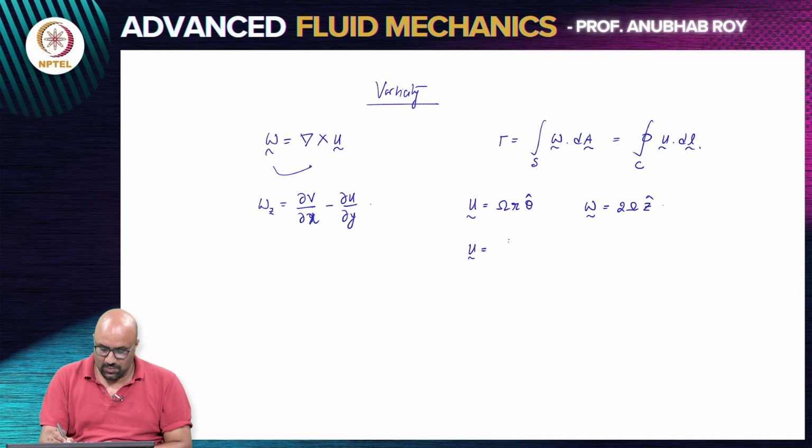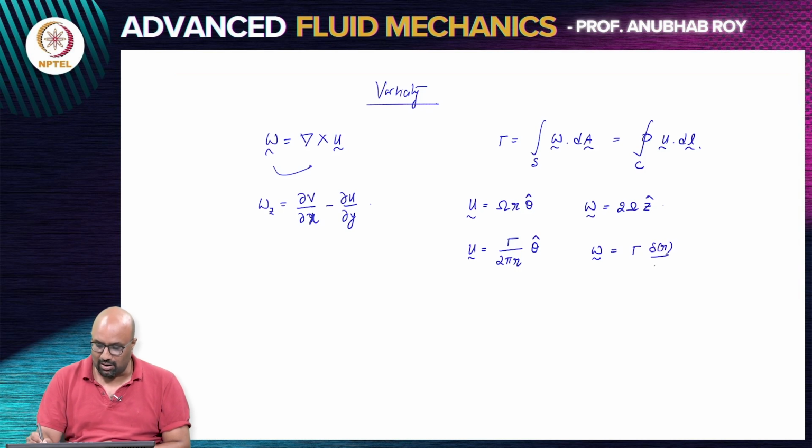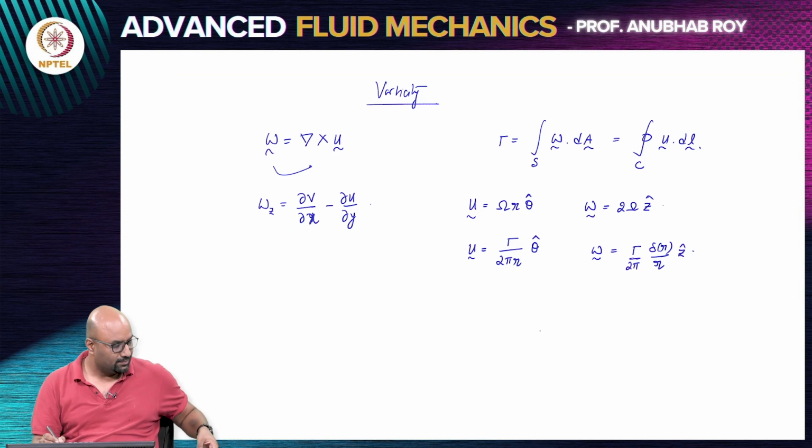But then we also did this problem where we had a velocity field which was also azimuthal in nature. It went inversely with the radial distance, and we obtained that the vorticity is 0 everywhere other than exactly at the origin. So, gamma by 2 pi delta r by r along the z hat direction.